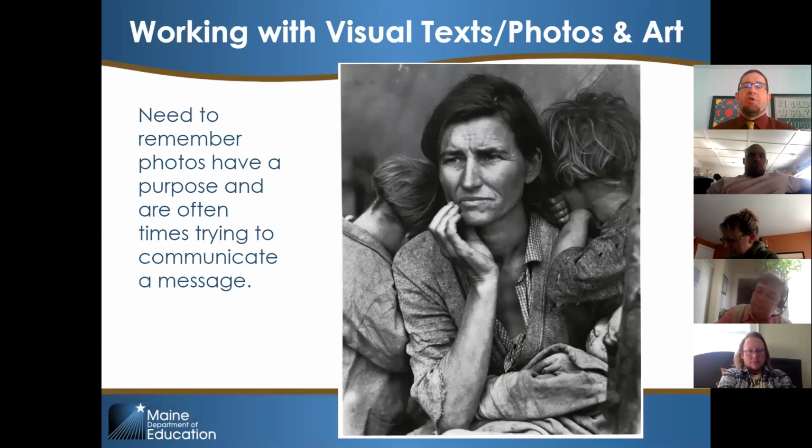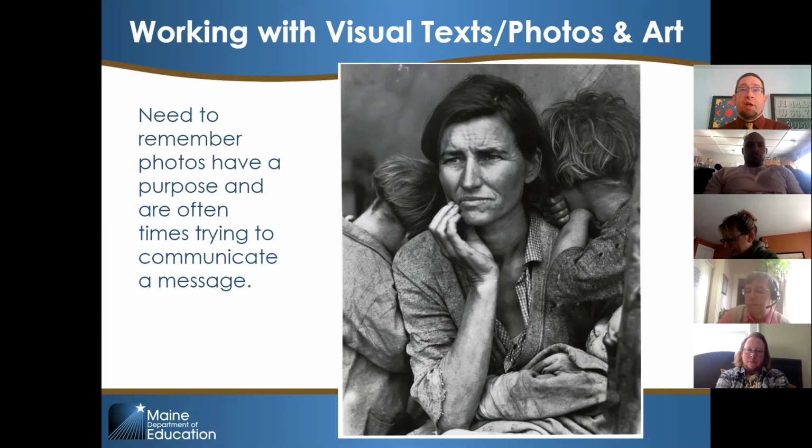I oftentimes use the famous Napalm Girl picture, and then I ask, could there be anything right off the side of the picture that changes its meaning? Because the photographer could have chosen to intentionally leave it out. Did this photographer have her pose? Did they find her sitting here?